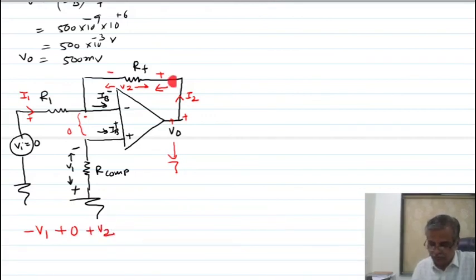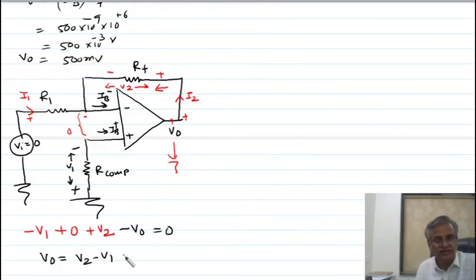Now from here you are going to ground, from positive to ground, potential decreases, 0. So the equation of output voltage is VO equals V2 minus V1. I have written it like this. I think you understand this.